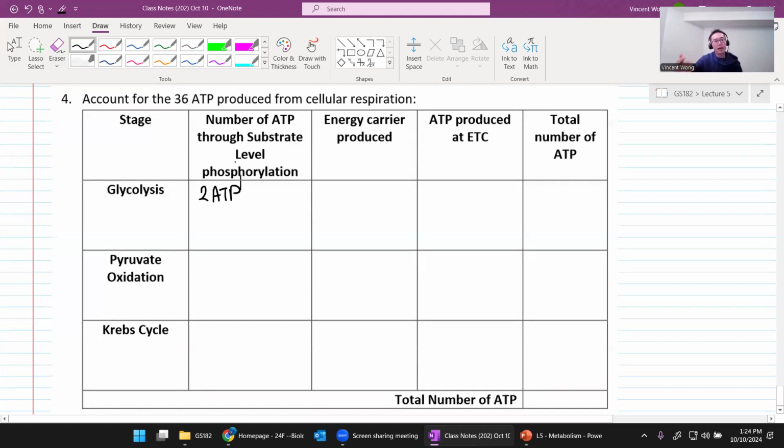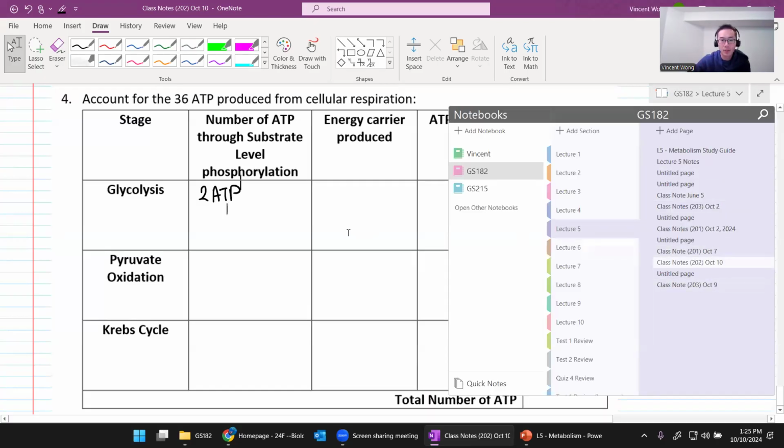And what about energy carriers? How many energy carriers were produced in glycolysis? Is it 4 though? Let's take a closer look at the summary chart or the flow chart that we drew. How many NADH do we produce?